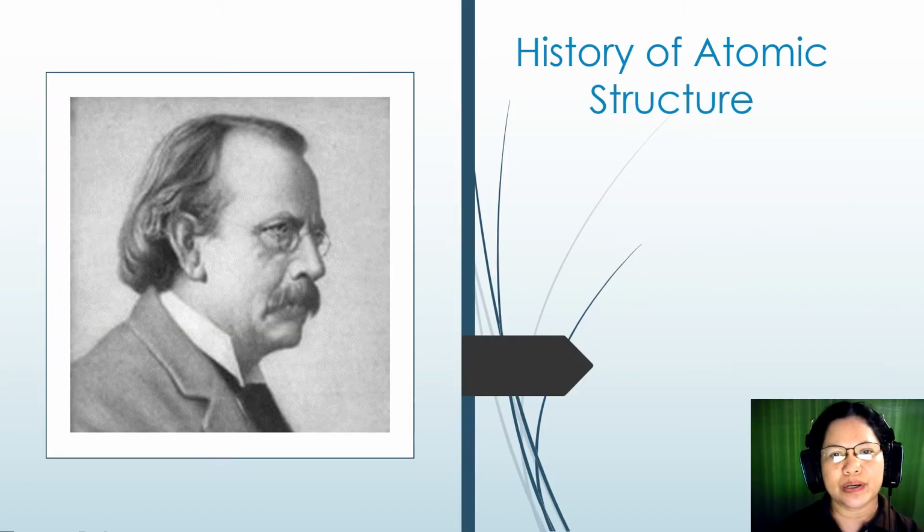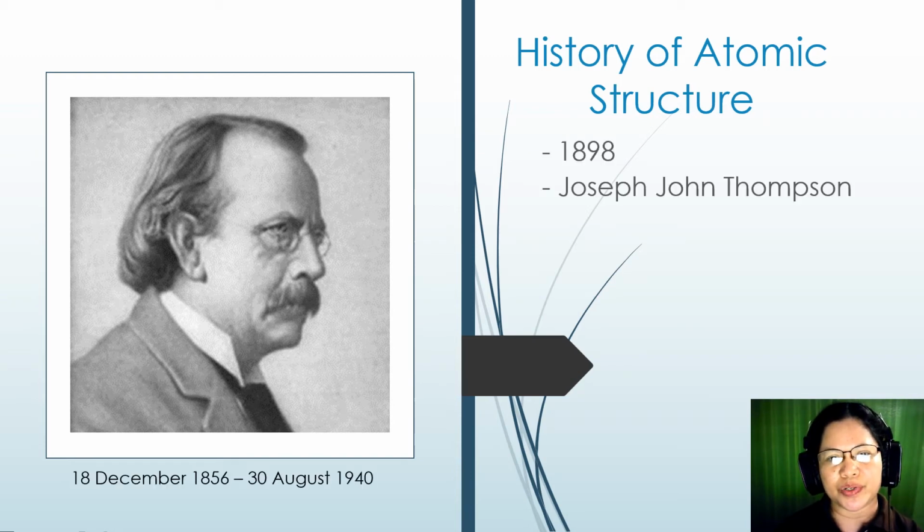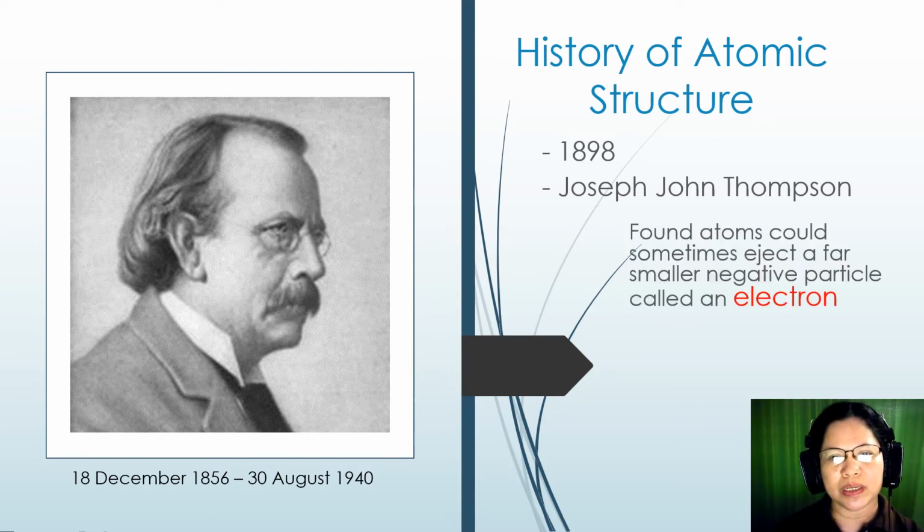Then another person who made history is Joseph John Thomson in 1898. What was his contribution? He found out that atoms sometimes eject far smaller negative particles called electrons. And as of today, we use electrons as the negatively charged particles in an atom.